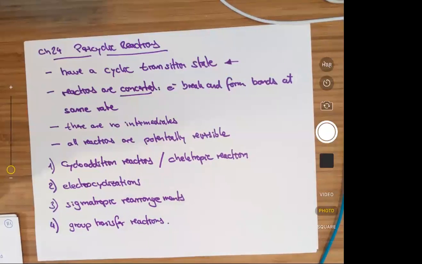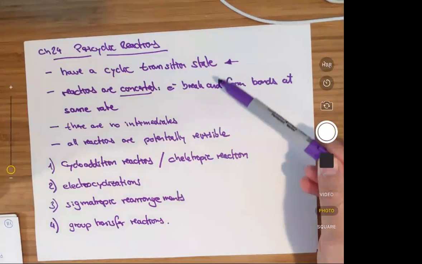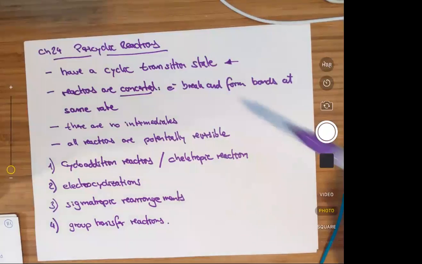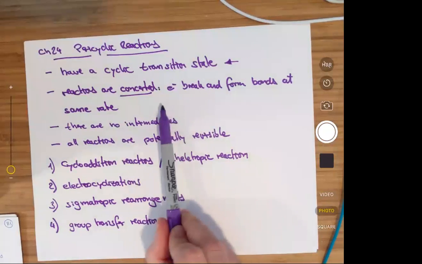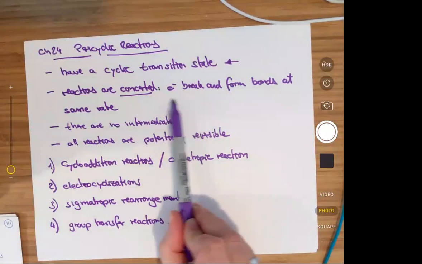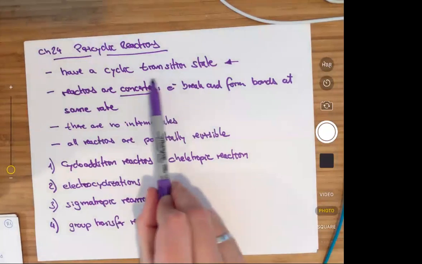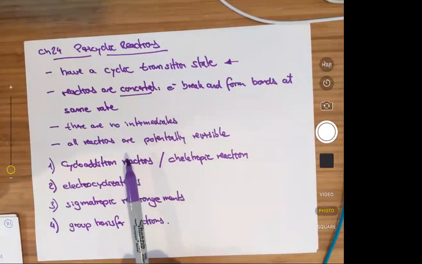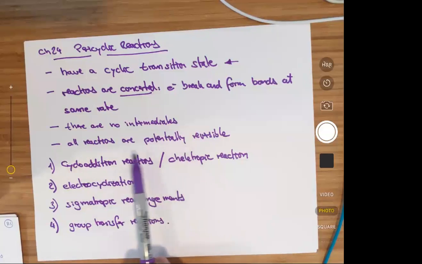They all share these fundamental properties that distinguish them from the polar reactions that we have seen before. They have a cyclic transition state. They are concerted, which means that the bonds are broken and formed at more or less the same rate. There are no intermediates. There's only one transition state that connects starting material and products. And all these reactions are reversible.